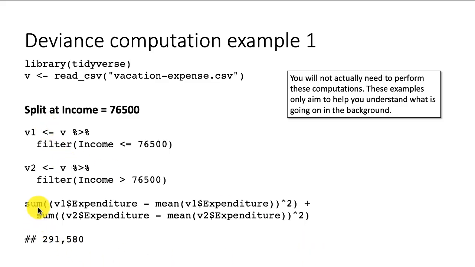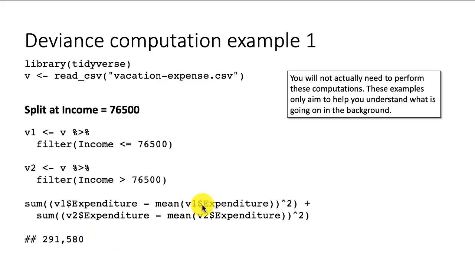So consider V1 first. So I'm saying V1 dollar expenditure minus mean of V1 dollar expenditure, right? That's after all what you do. You take the deviation of each value from the mean, square the deviation, and sum them all up. Okay, so this first line here is the deviance for V1, and the second line here is the deviance for V2, and we are adding the two up. Okay, so the resultant deviance is 291,580.